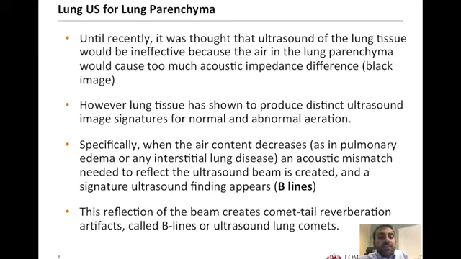These signatures of artifact are called B lines, and we'll talk about this more on the next slide. But the fundamental concept is that B lines are a marker of differentiation in aeration of tissues in that ultrasound plane. And the more B lines you see, the more areas of differentiation of aeration, or poor uniformity of aeration, in that lung image window.